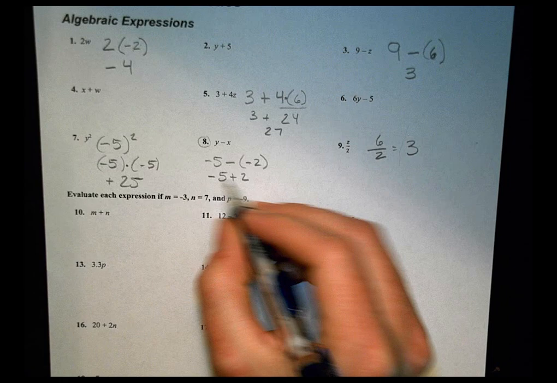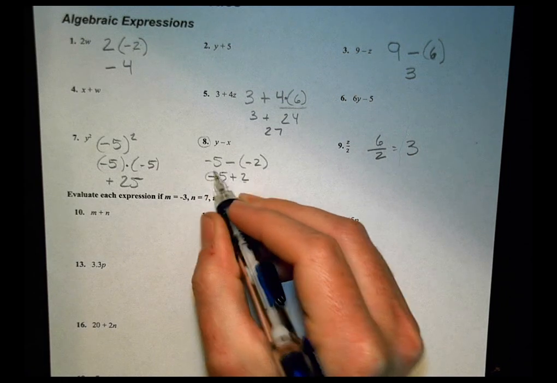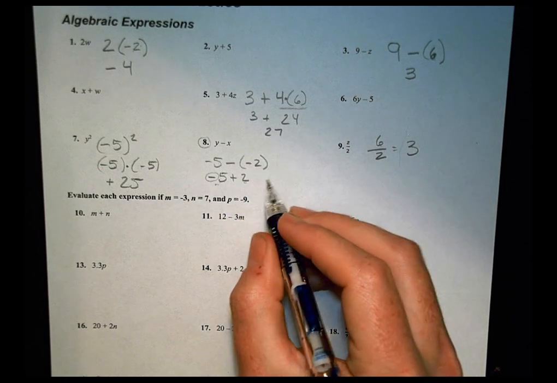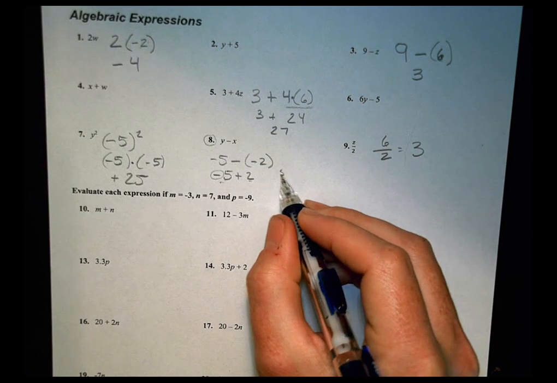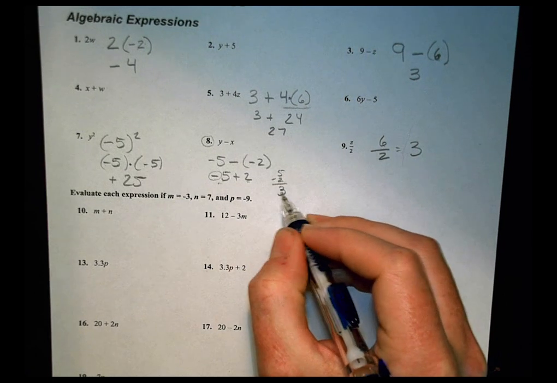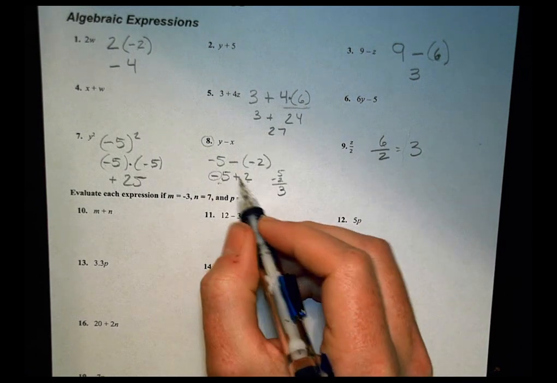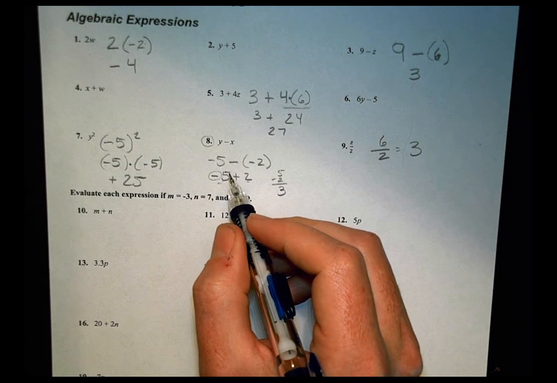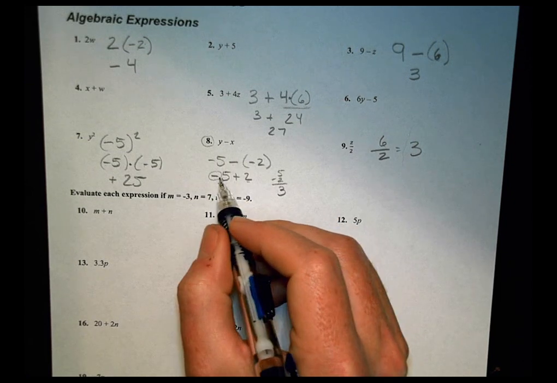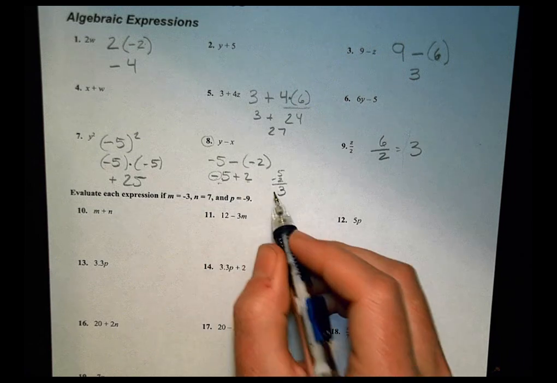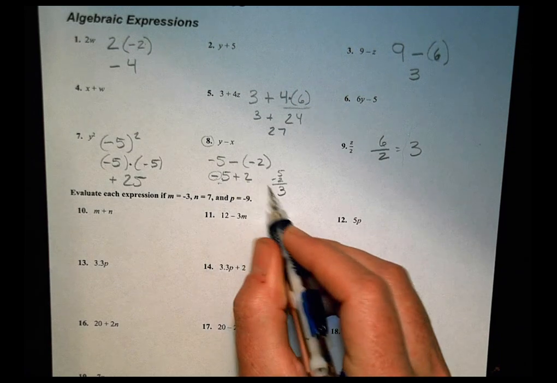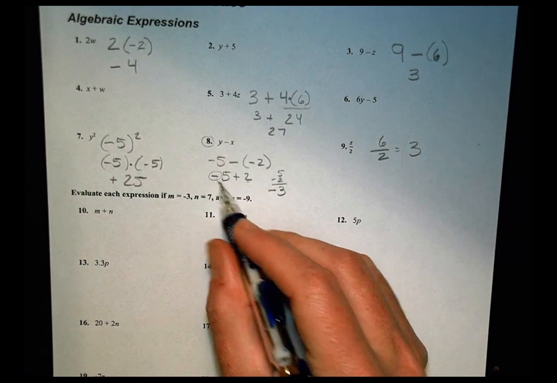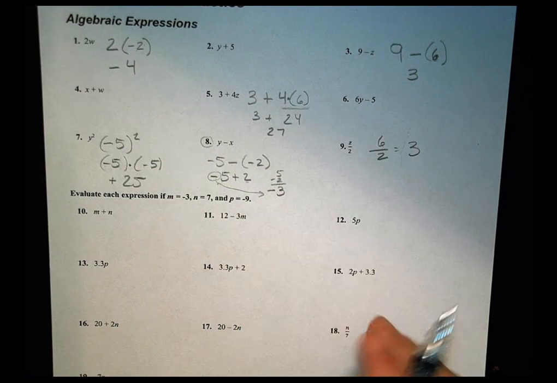When the signs are different, we're going to find the difference, which means let's do 5 minus 2, which is 3. And then whichever one is the greater absolute value keeps that sign. So 5 is bigger than 2, so we're going to keep the negative sign with it, and so we have -3.